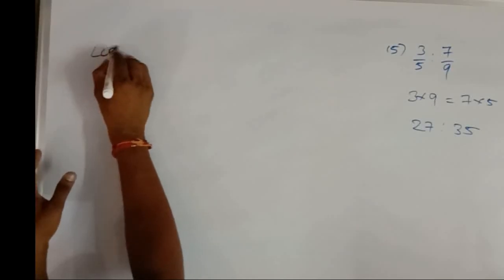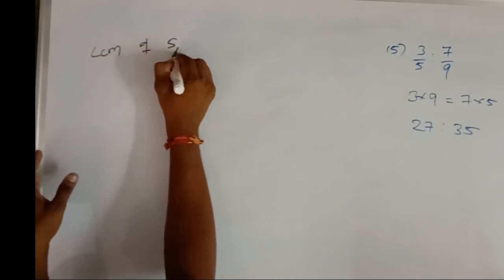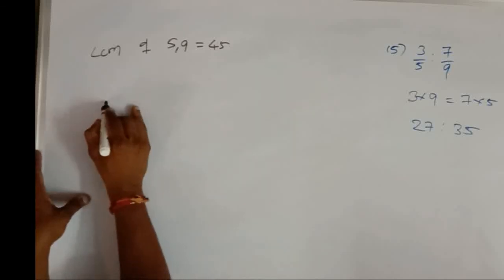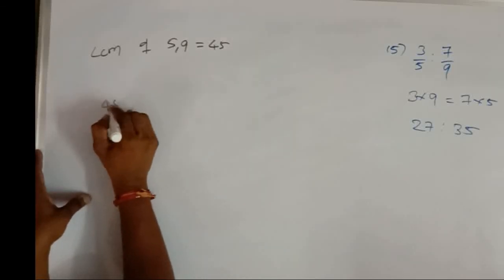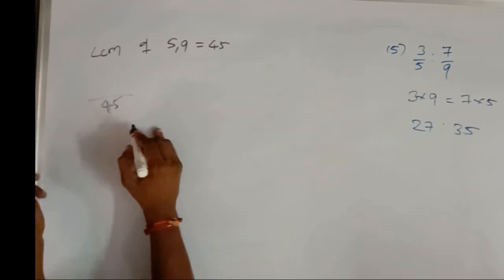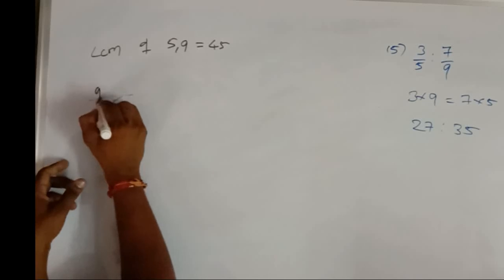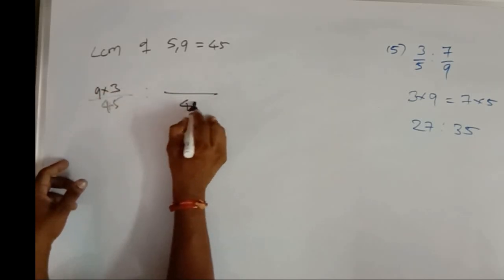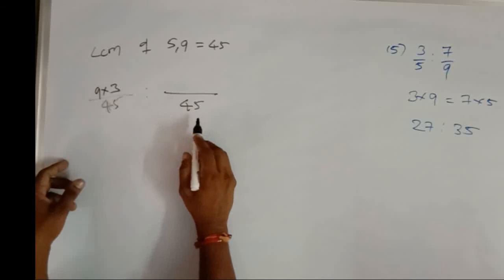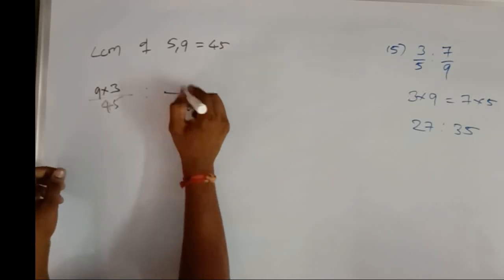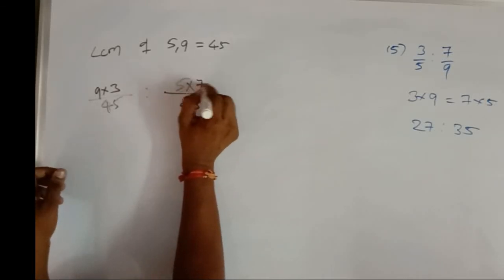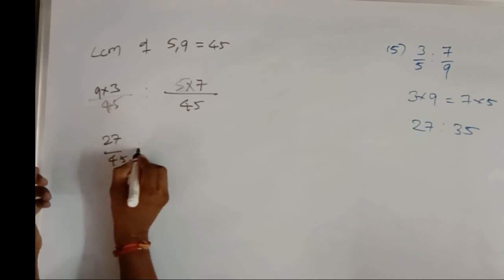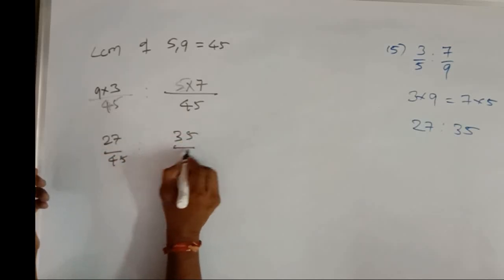So LCM of 5, 9 is 45. Now 45 by 5 is 9. 9 into 3 is 27. LCM is again 45. 45 by 9 is 5. 5 into 7 is 35. So 27 by 45 is to 35 by 45.